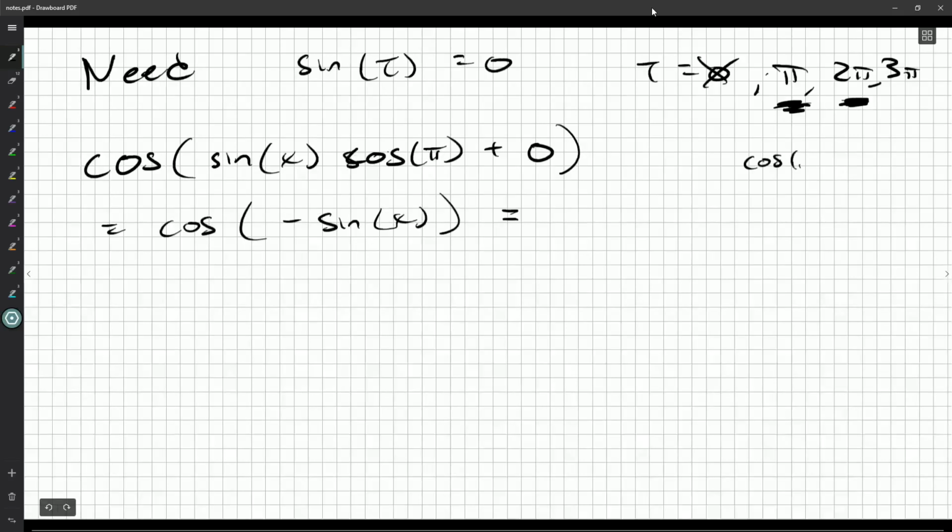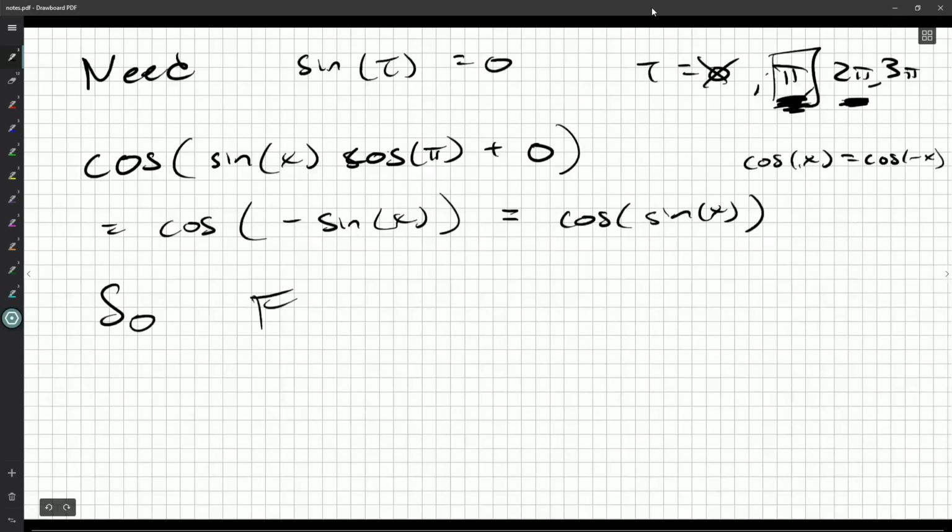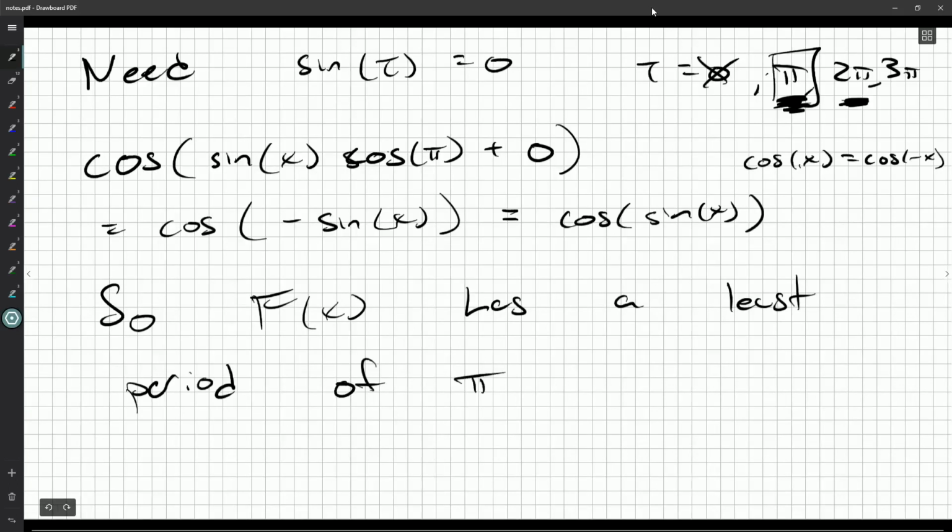You may have seen this before. Cos of x is the same as cos of minus x. So this is cos of sine x. And it turns out pi does the trick quite nicely. So f of x has a least period of pi.